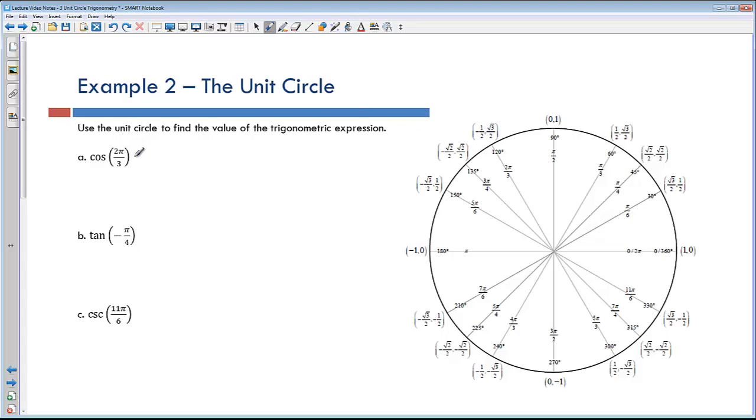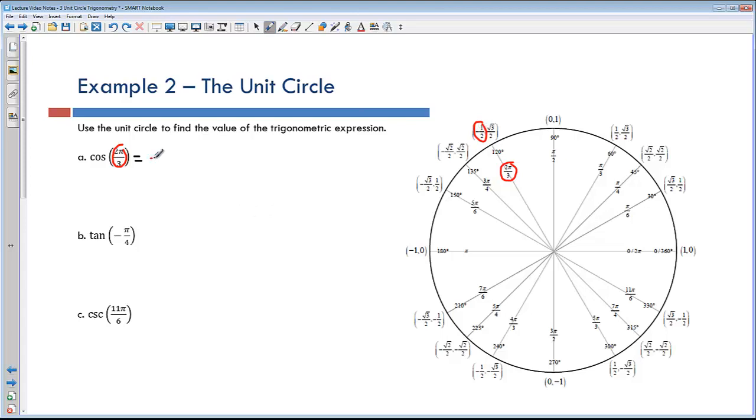So if you want to find the cosine of 2 pi over 3, the first thing you need to do is just find the angle 2 pi over 3. So here's the angle 2 pi over 3 right here. And now the cosine is not the output. It's the input, right? So here is the cosine of 2 pi over 3.